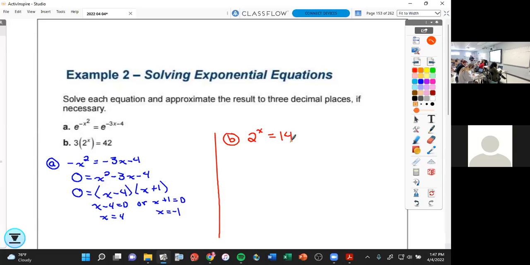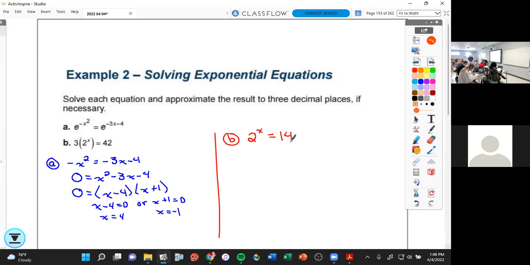Can you write 14 as a power of 2? Can you write 2 to some power to get 14? No. I mean, 2 cubed is 8, and 2 to the 4th power is 16. Didn't work. So I cannot do one-to-one on this.